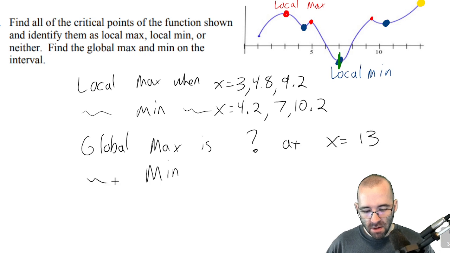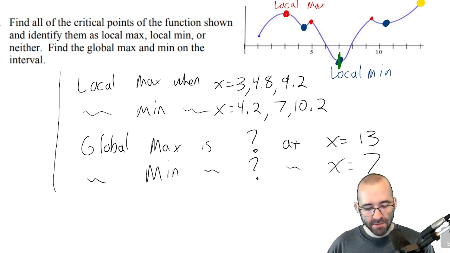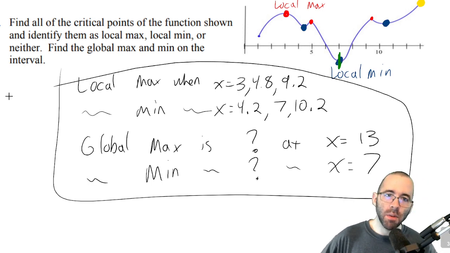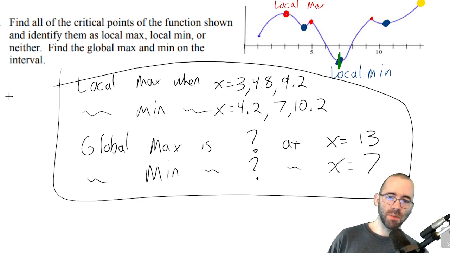The global min is, again, we also don't know. But that's going to be when x is 7. That's all they're looking for here. Good practice just visually identifying what these terms mean.